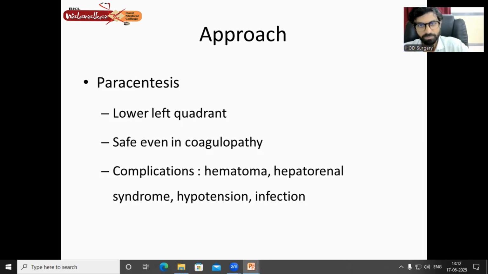It is safe even in coagulopathy, and complications which occur less frequently can be development of hematomas, hepatorenal syndrome, hypotension, and infection.